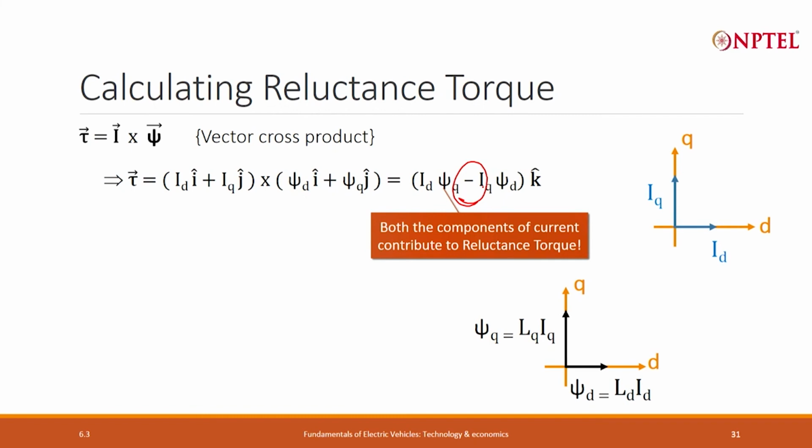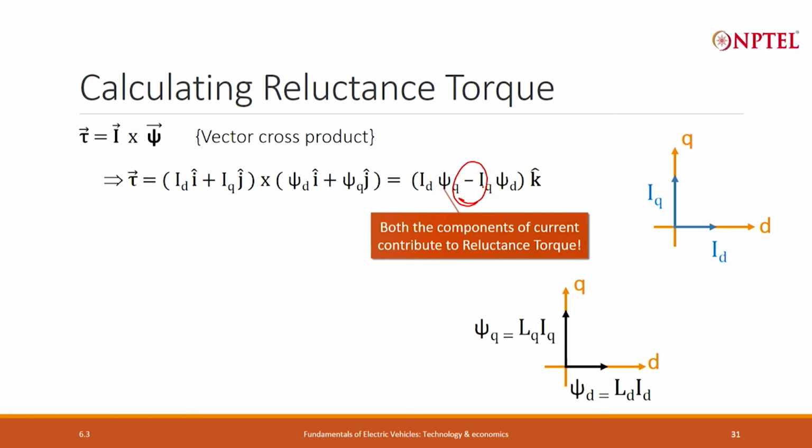And the other thing I want you to notice is that each of the two terms in the torque has both ID and IQ in it. The first term is ID into xi q, but xi q itself has LQ and IQ in it, and the second term is IQ into xi d. The IQ term is of course the Q component of the current.